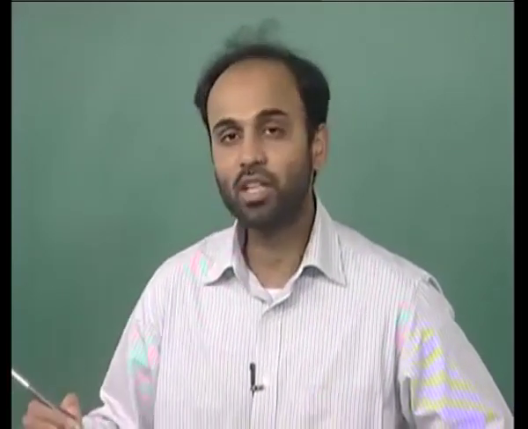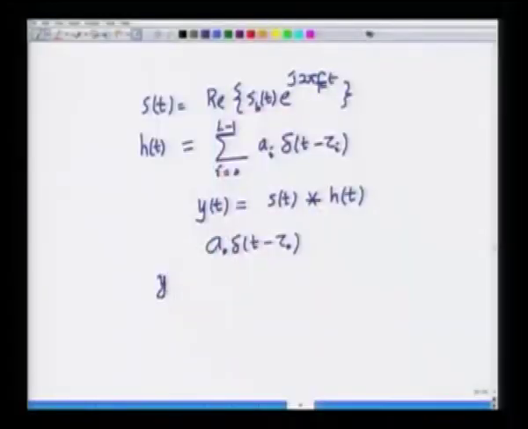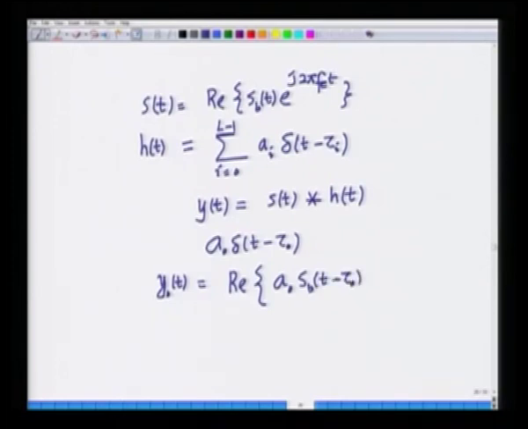So, corresponding to this path, the received signal, let me denote that as y_0(t), is the signal s(t) transmitted through this component, which is the real part of a_0 s_b(t minus tau_0).